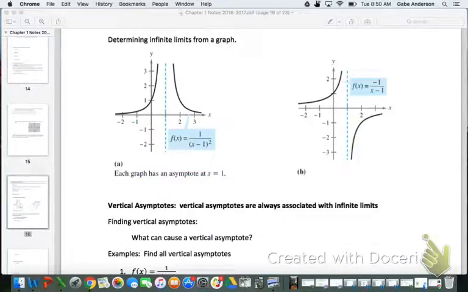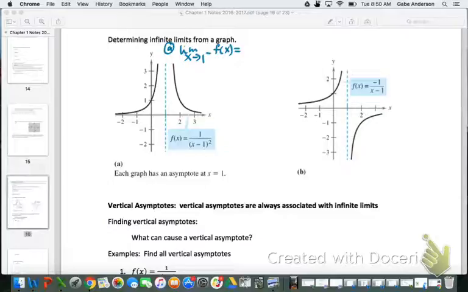Let's take a look at just the graph on the left. Question A: limit as x goes to 1 from the left of f of x. What would you say the answer is, just based on looking at the graph?